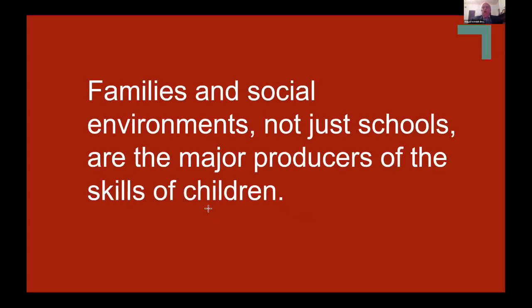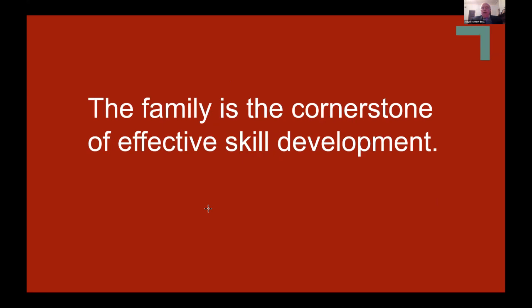Social environments and family, not just the schools alone, are the major producers of skill. So we need to understand families and environments and their impact. The family is basically the cornerstone of effective skill development.